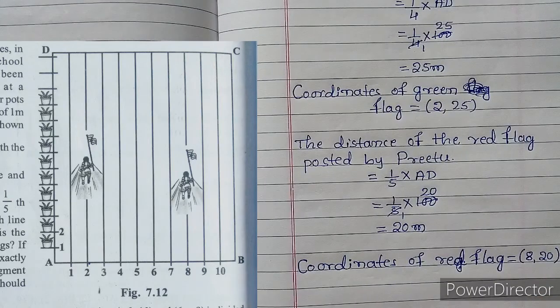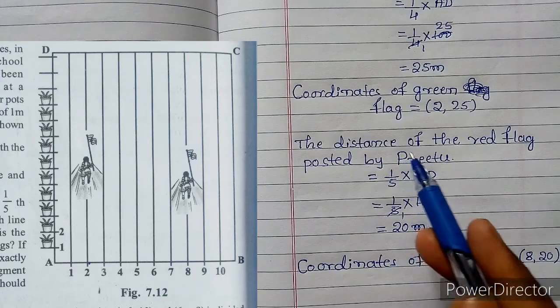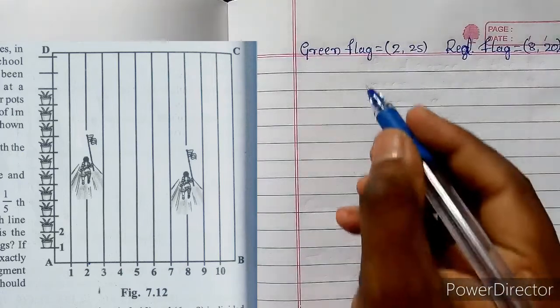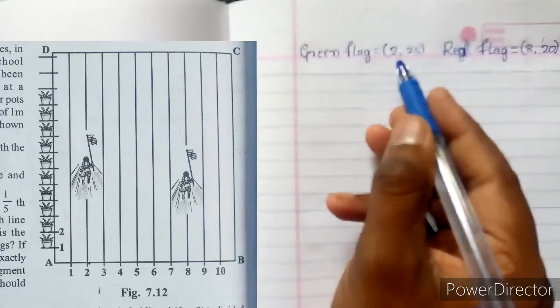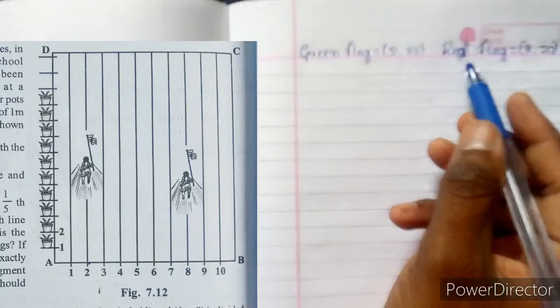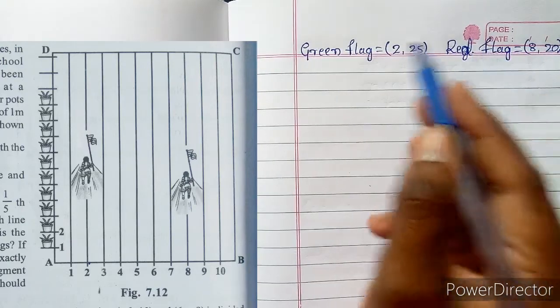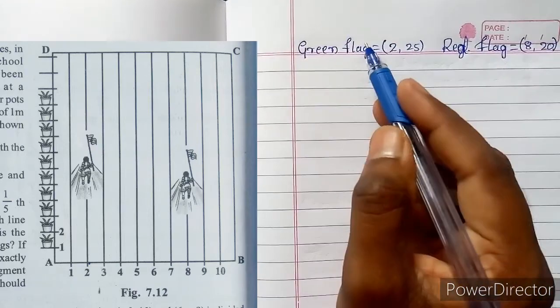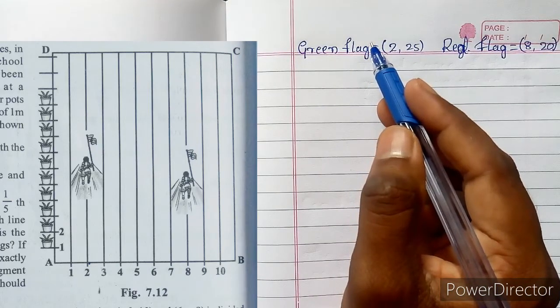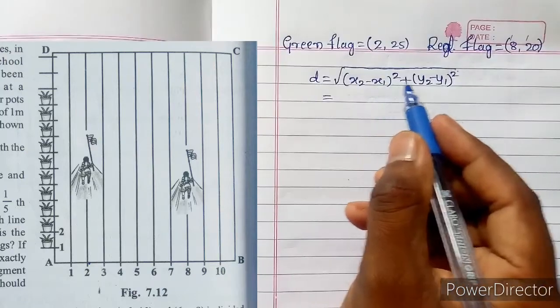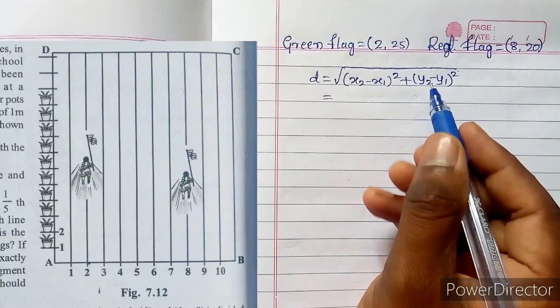Then we have to find the distance between the green flag and red flag using the distance formula. The coordinates of the green flag are 2, 25 and the coordinates of the red flag are 8, 20. The distance formula is d is equal to square root of (x2 minus x1) whole square plus (y2 minus y1) whole square.